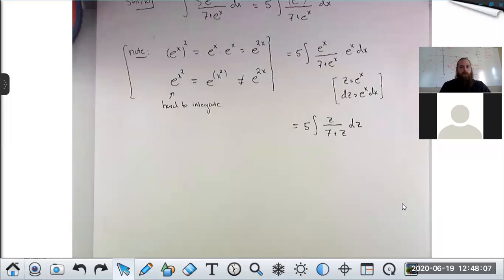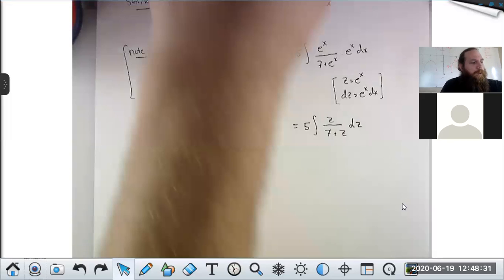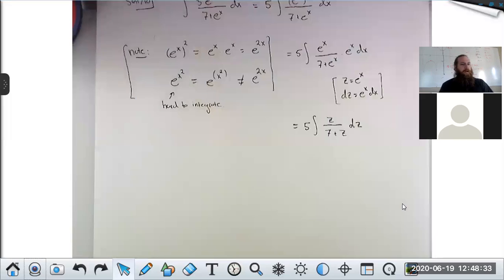So another substitution actually won't do it. Or maybe it could be done with another substitution. I argue that there's a more natural thing to do here. This is a rational function where the degree of the top is not strictly smaller than the degree of the bottom. So you should long divide. I can't split up the fraction over its denominator.